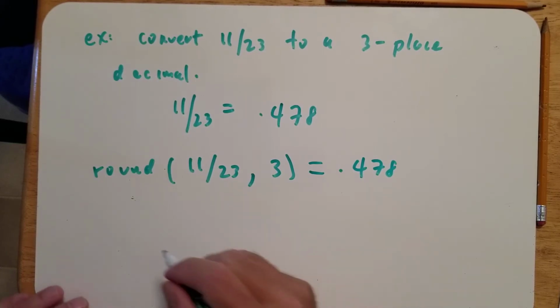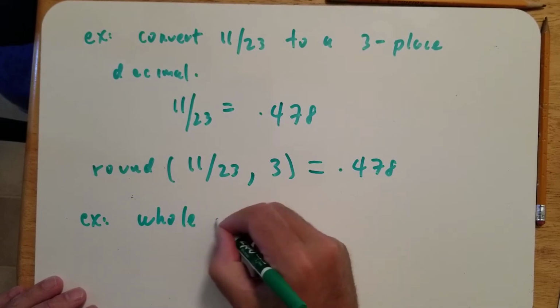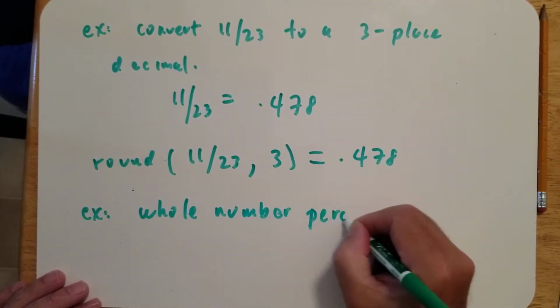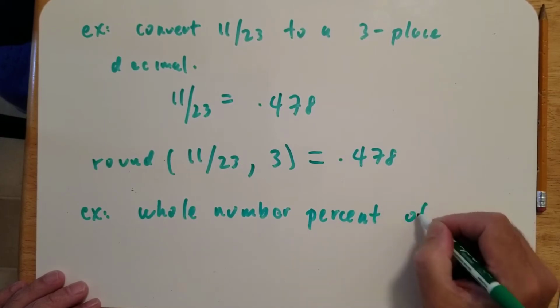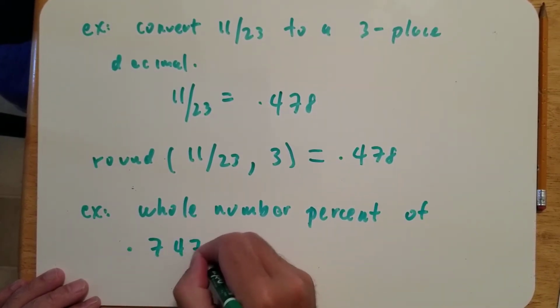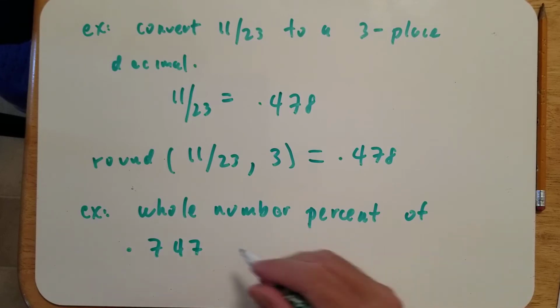So as another example, they want me to write a whole number percent of the decimal 0.747. Now to convert a decimal to a percent, I'm going to multiply by 100. But I'm going to do this on the calculator.